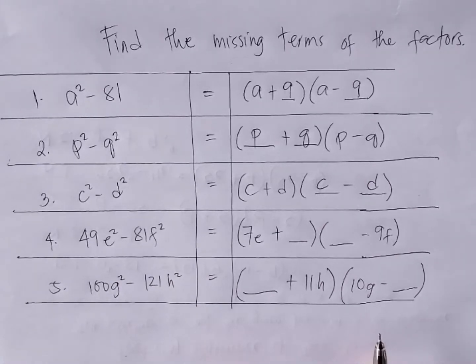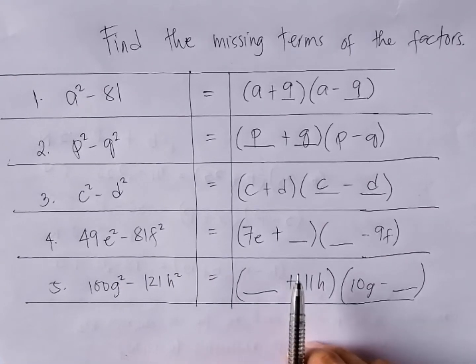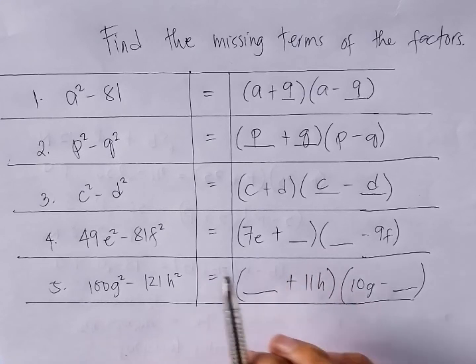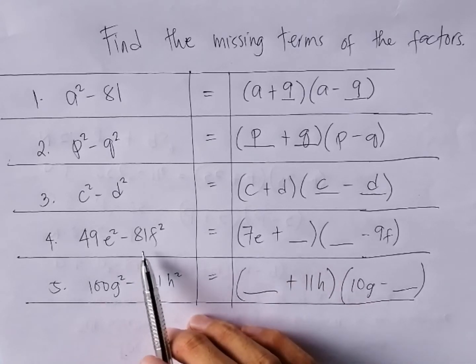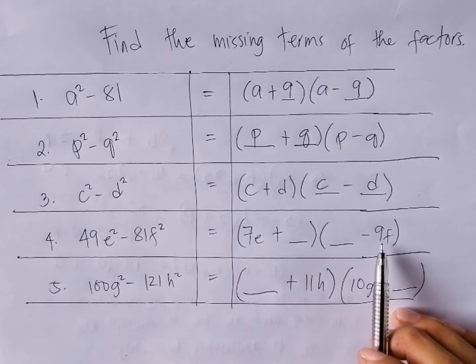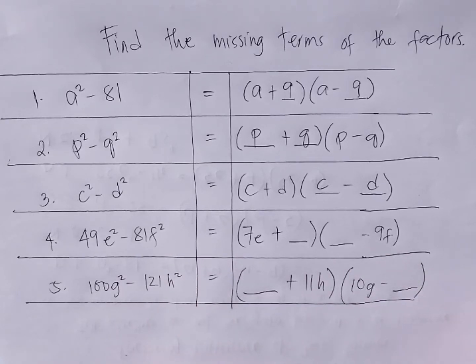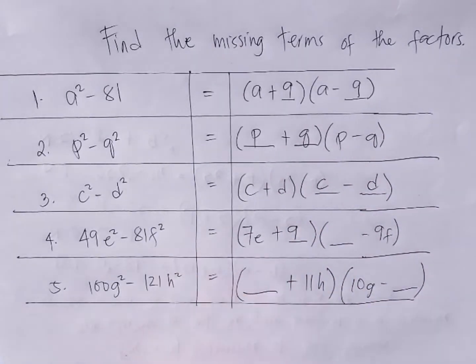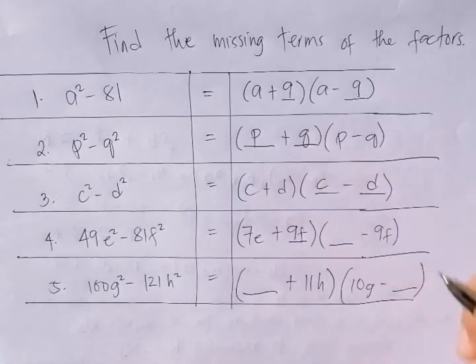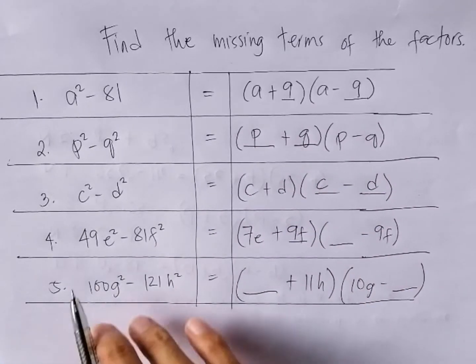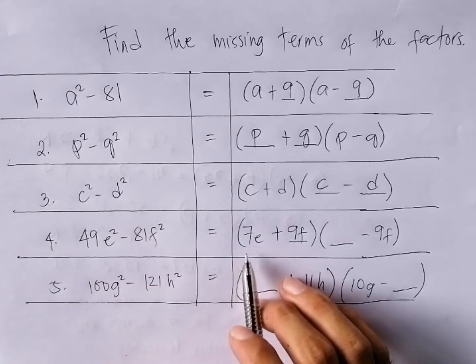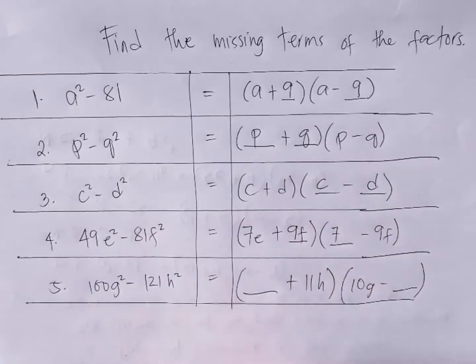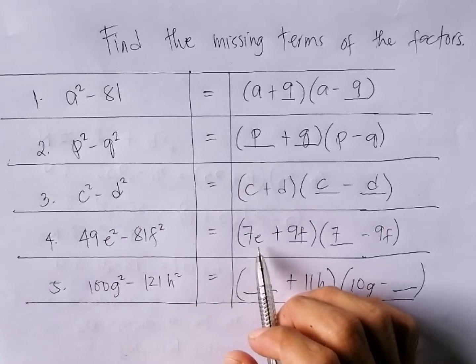Next, the second term, so we have 81 divided by 9. The answer is 9. f squared divided by f, the answer is f. 49 divided by 7, that is 7. Then e squared divided by e, that is e.